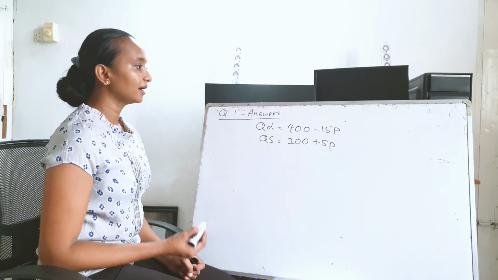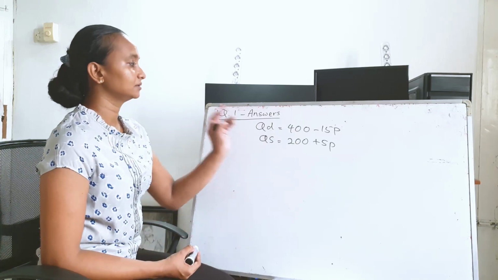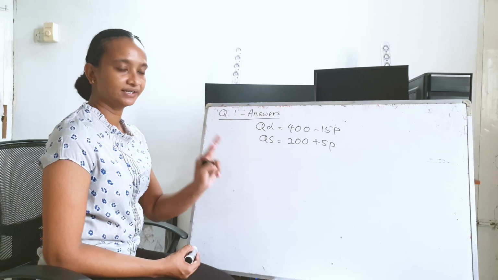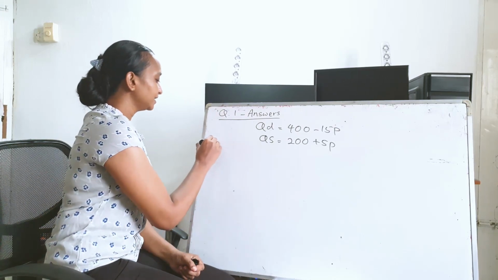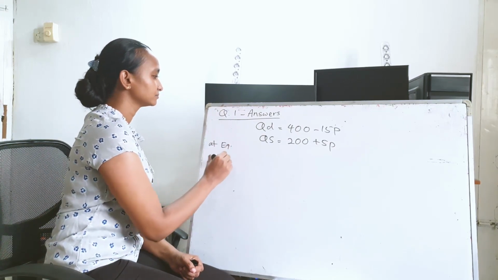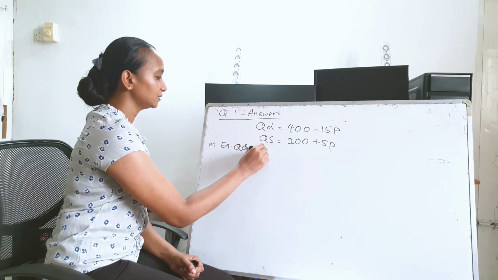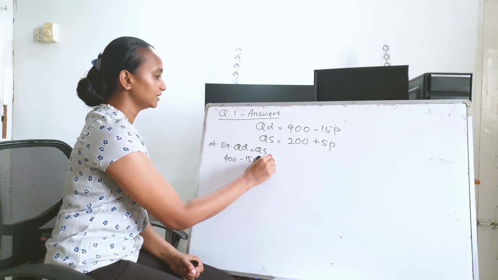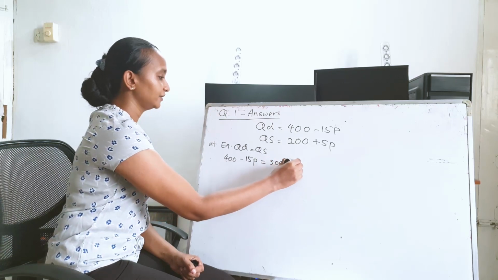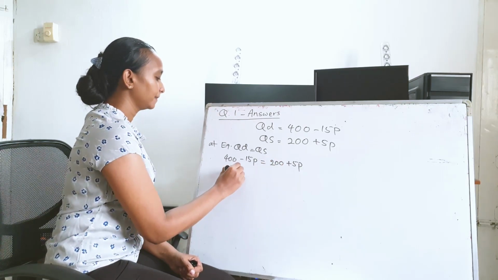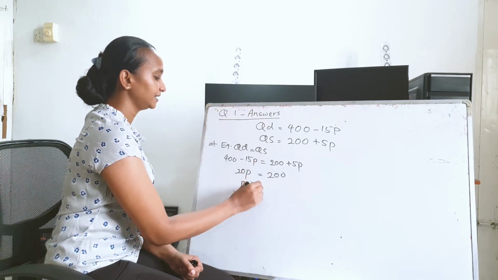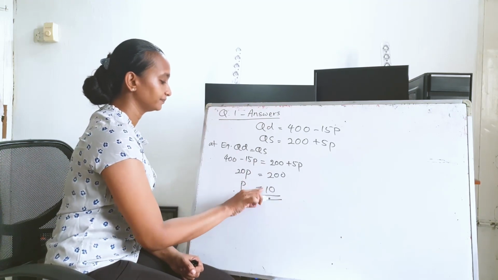To find that, you have to find the market equilibrium price and market equilibrium quantity. At equilibrium, QD equals QS: 400 minus 15p equals 200 plus 5p. Then 20p equals 200, p equals 10 rupees.